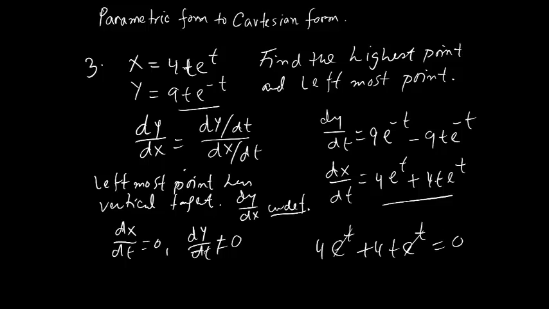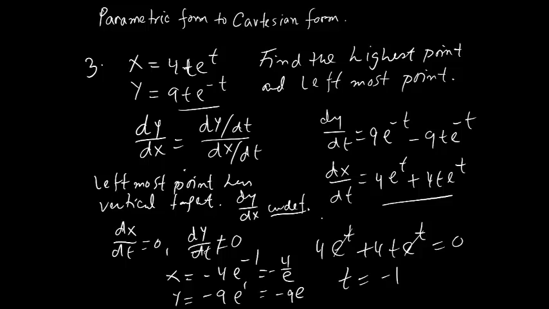Again we can cancel this one, so you get t equals negative 1. When t equals negative 1, you get x equals minus 4e to the negative 1, which is minus 4 over e, and y equals negative 9e to the 1, just negative 9e. So we got our leftmost point and the highest point, and we are done.